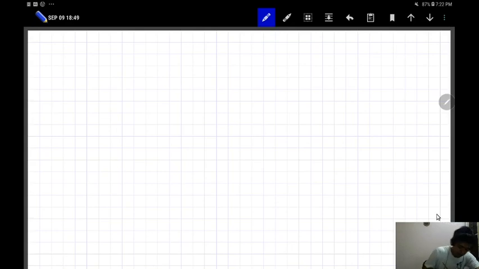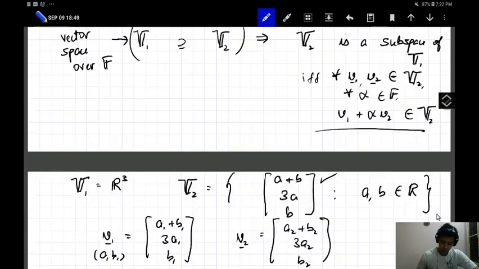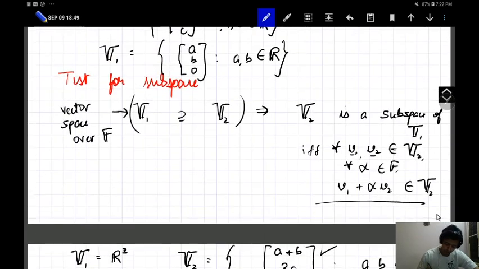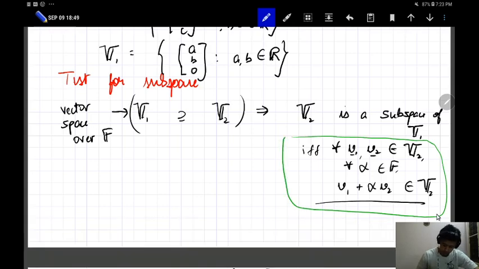So firstly, if V2 is a vector space, or if it is a subspace of V1, then clearly this property is satisfied, right? So let me call this property... So what is this property?